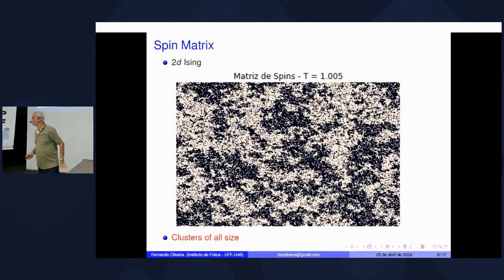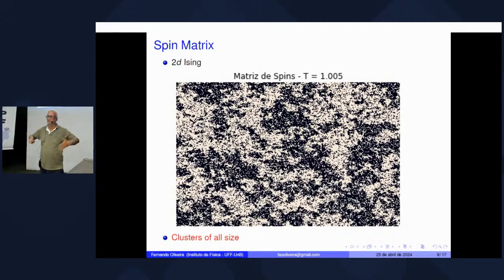What you see is spin up as white, spin down as black, and you see a lot of small clusters here, a big one, a bigger one, small, big, and so on. This is something like 3,000 by 3,000, so something like 10 million spins.